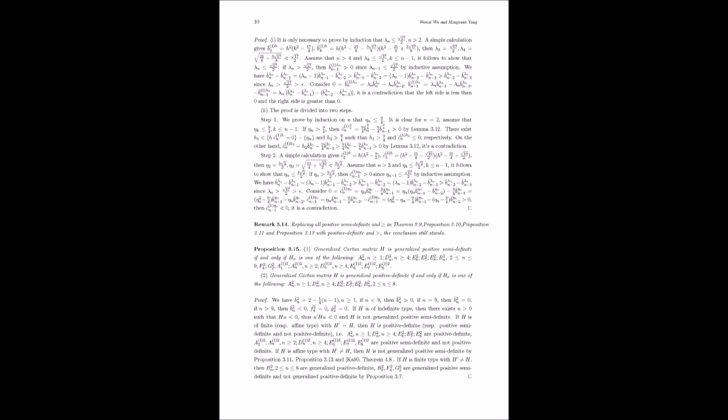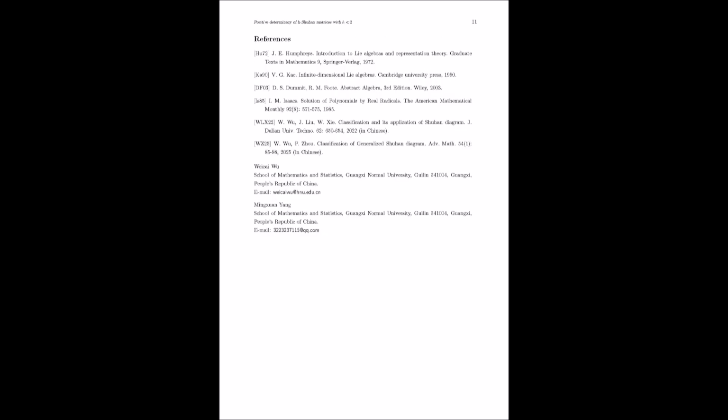So it's like a culmination of everything we've been discussing. Right. It tells us which generalized Cartan matrices possess these important properties based on their structure. Precisely. It's a powerful result that summarizes a lot of the key findings of the paper. Wow, we've really covered a lot of ground. It's been quite a journey through the world of these h-Shuhan matrices and generalized Cartan matrices and positive definiteness.